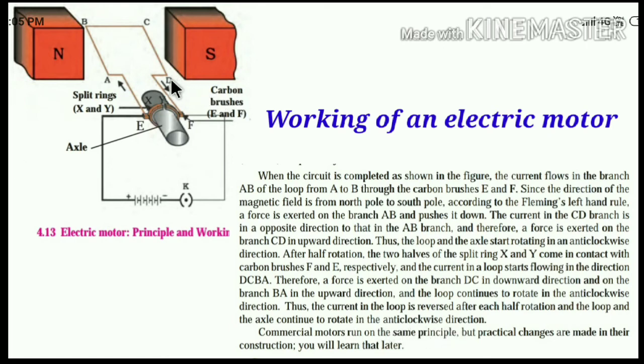So this is the working of the electric motor. When the current is switched off, the loop stops rotating after some time.